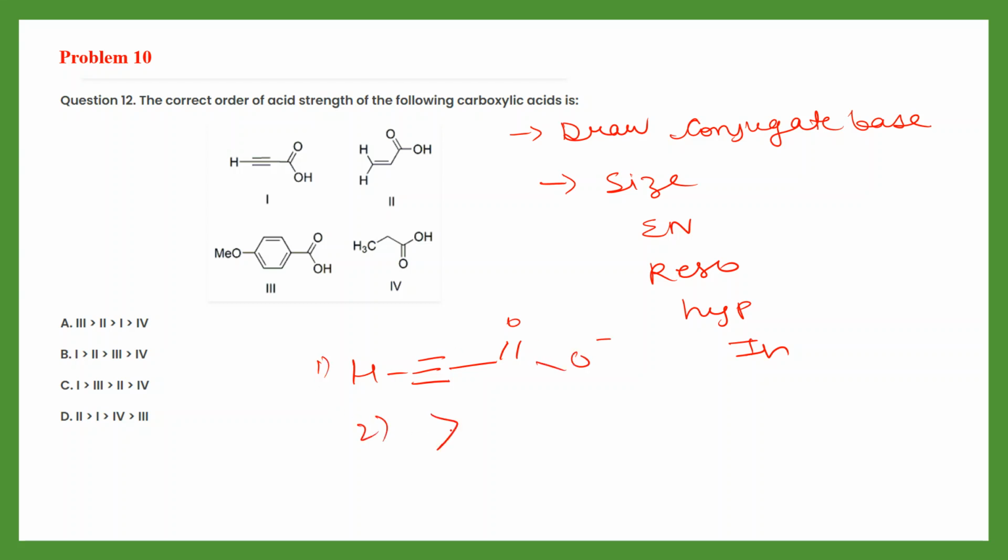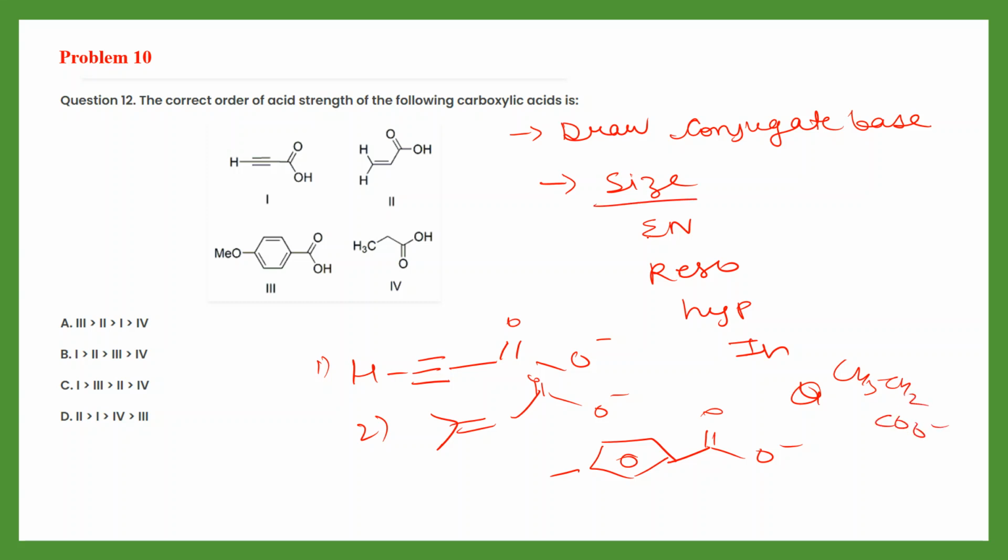In the first step, it will form this. In the second, it will form this. Third, it will form this. Fourth, it will form CH3CH2COO negative. Now let's apply these rules. Size is the same in all, on which this carbanion is there.